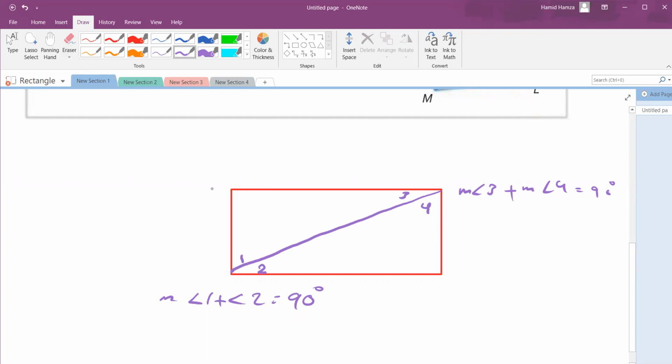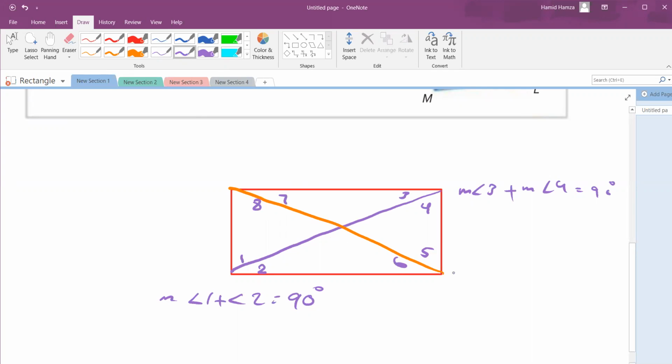Okay, guys, if you join the second diagonal also like this, we have angles 5, 6, 7, 8.